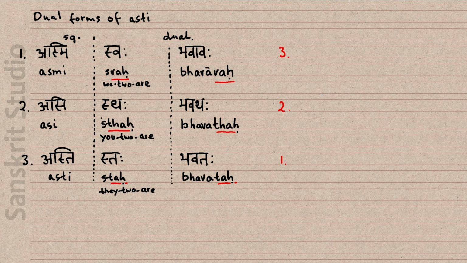But in Sanskrit terminology, the first person refers to sthaḥ or asti. So it's upside down, we could say. But in this course, I'm always using the English grammatical terminology, so we don't have to be too concerned with these numbers over here.